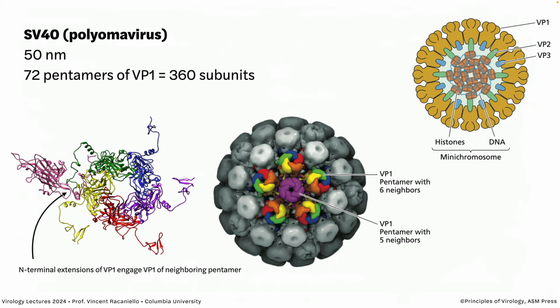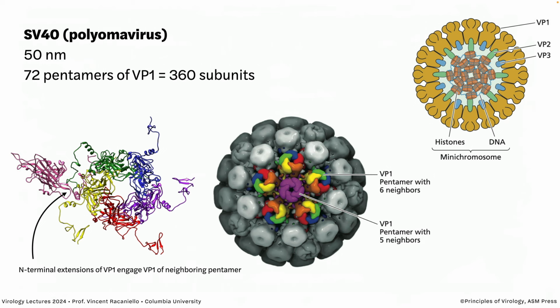And so this is a big particle, so it has pentamers and hexamers. So here is a pentamer with 5 neighbors, 1, 2, 3, 4, 5. And this pentamer has 1, 2, 3, 4, 5, 6 neighbors. So pentamers and hexamers. So this is a bigger particle, and therefore you need to have both pentamers and hexamers.